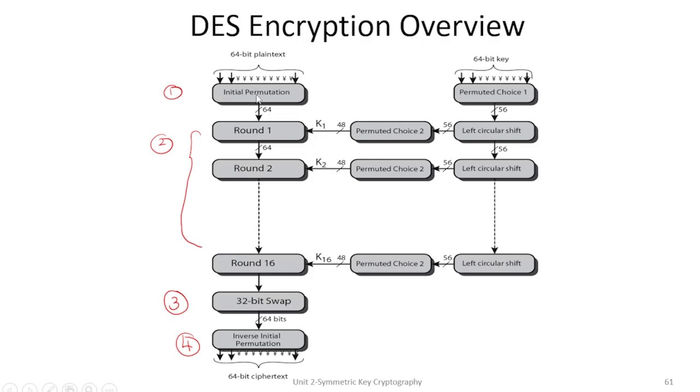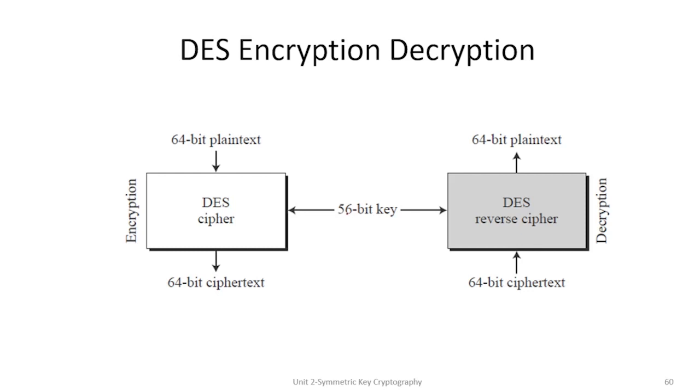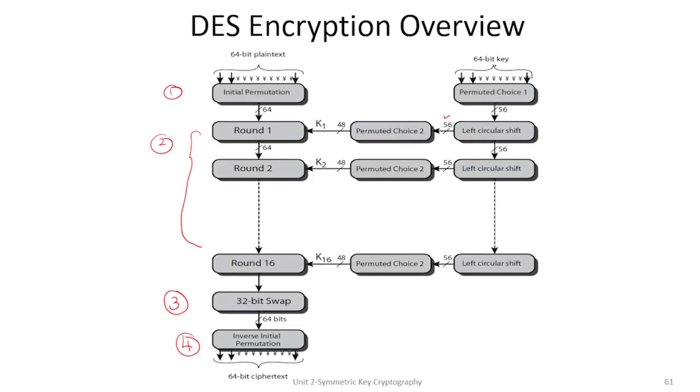So, are you clear about it? This is the plaintext side. Then if you take the key side, if the key is given as a 64-bit key, for each round we should use only a 56-bit key. In the previous diagram, we saw that only a 56-bit key is used for encryption. But if the key is given as a 64-bit key, then you should use permuted choice 1 to reduce the 64-bit key into a 56-bit key.